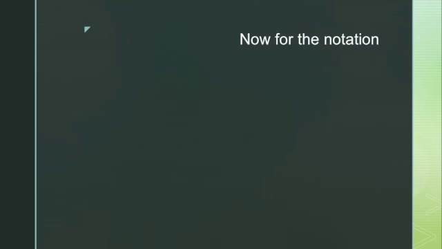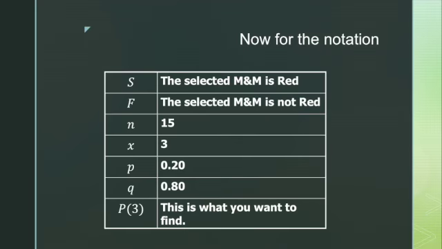Now for our notation. S is if the selected M&M is red. Failure if the selected M&M is not red. So let's say I go ahead and pull 15. I get 3 red M&Ms.